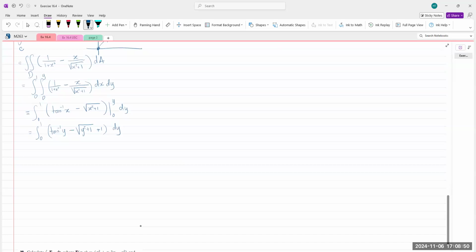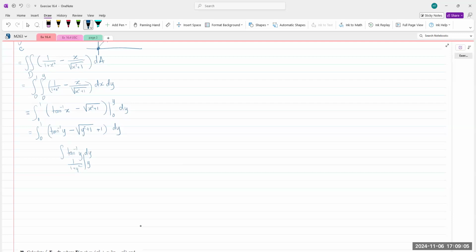Let's see. Let me do a side note here. Integral of tangent inverse y dy. If I do the derivative here, it's 1 over 1 plus y squared. This is y.